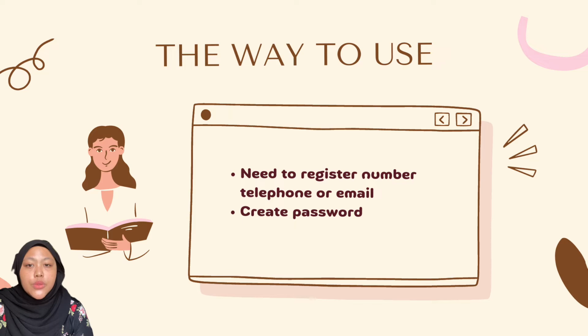We just need to open our e-wallet, click on scan, and then scan the QR code of the store, and then we can make a payment simply. Or we can show our QR code, so the store can scan our QR code and the payment is done.